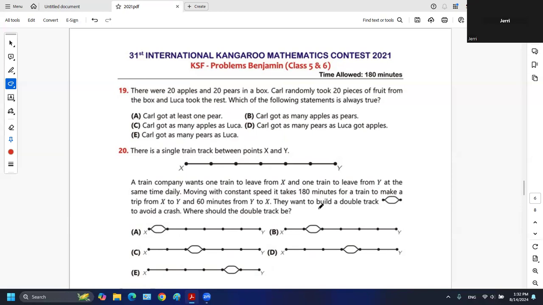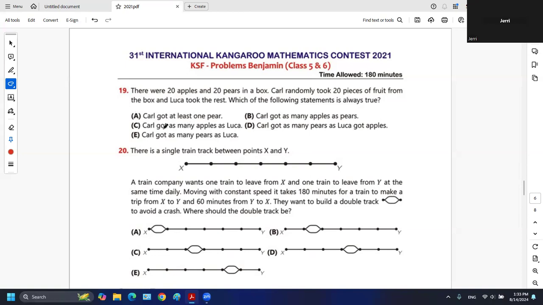Question number 19. There were 20 apples and 20 pears in a box. Claire randomly took 20 pieces of fruit from the box and Lucas took the rest. Which of the following statements is always true? A. Claire got at least one pear, and that's not true. If Claire got all the apples, then that would not be.